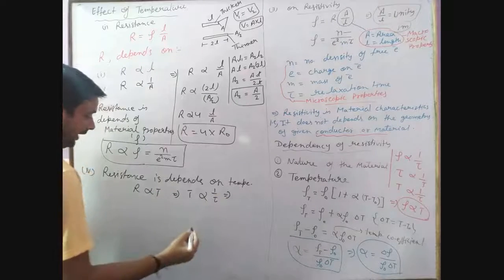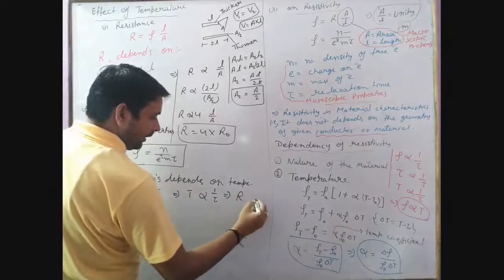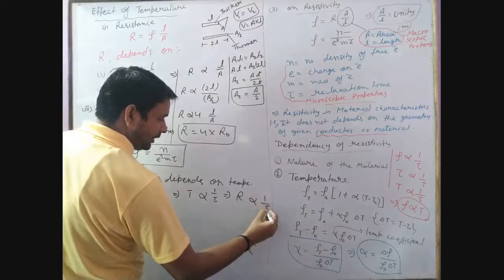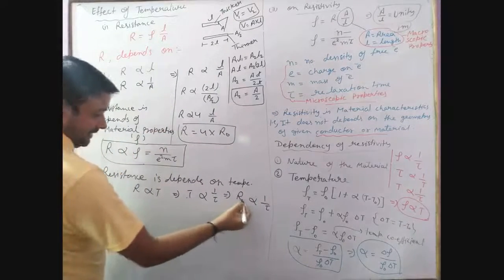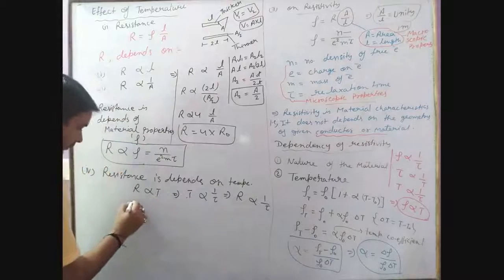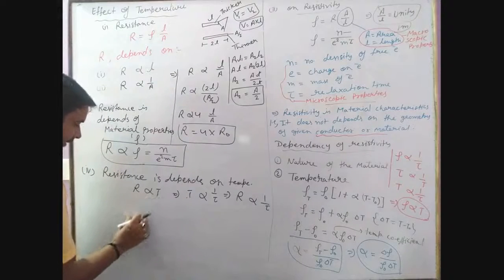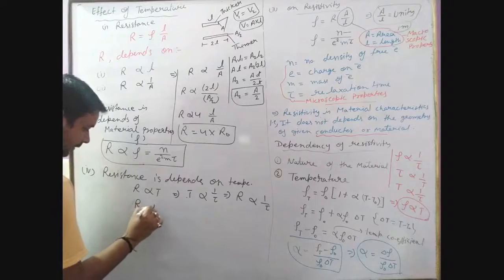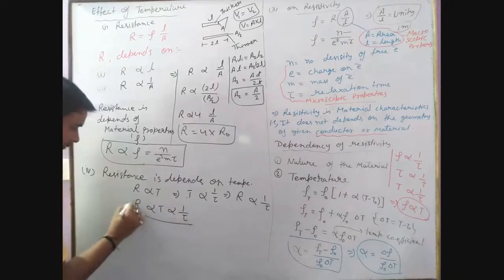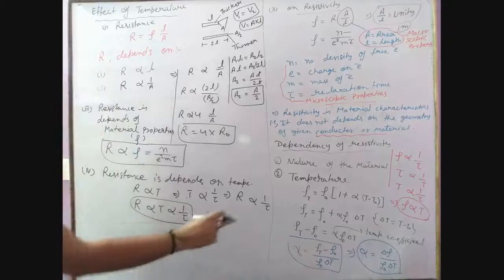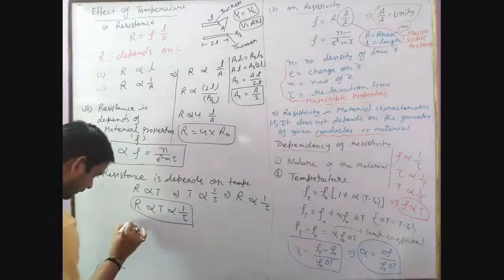So next you just apply here. R is inversely proportional to the time of relaxation, and the time of relaxation is this. So this complete term is equal to temperature and 1 upon tau, and we calculate this result.